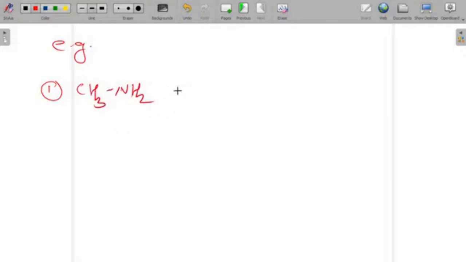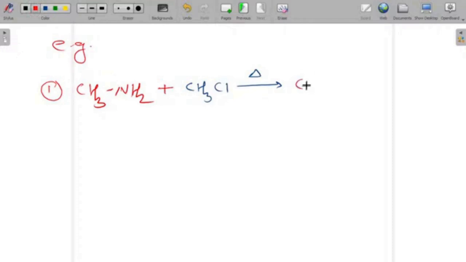Okay, so methylamine. This reaction can be expressed in another fashion. Suppose methylamine plus methyl chloride, on heating, what is the product?